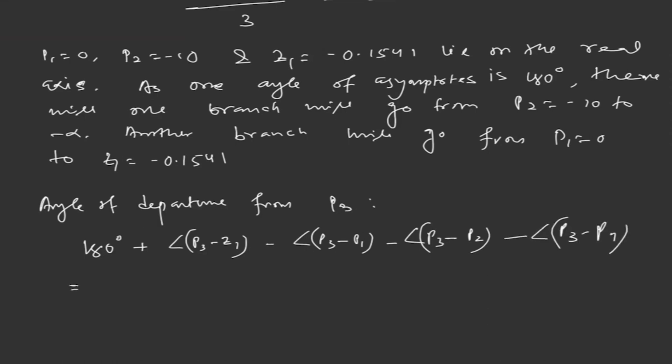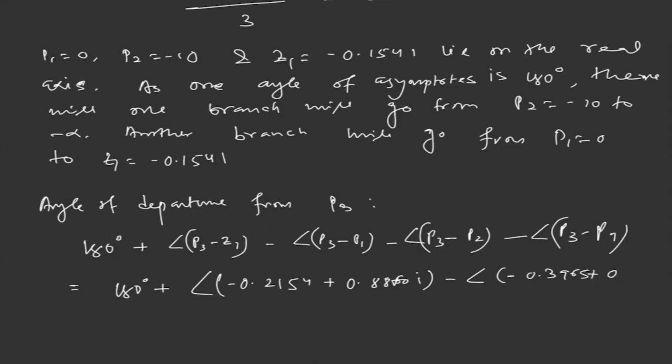These values are: 180 degree plus (minus 0.2154 plus 0.8860 i), minus (minus 0.3695 plus 0.8860 i), minus (9.6305 plus 0.8860 i), and minus 90 degree.